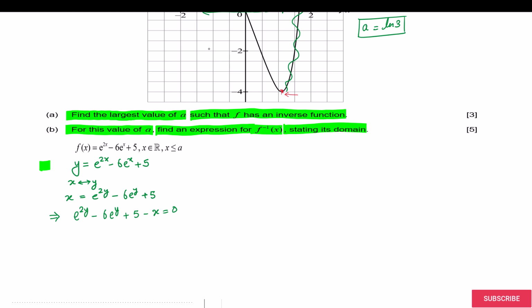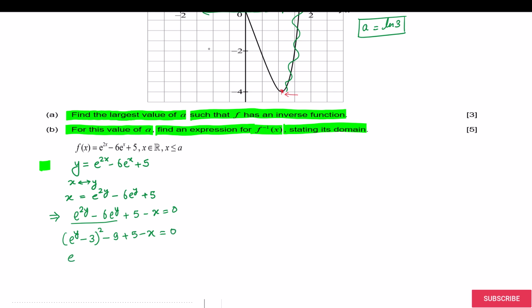Whenever we have a quadratic, the best way to find the inverse is the completing square method. It is going to be (e^y minus 3) whole squared, subtracting the square of 3, which is 9, plus 5 minus x equals 0.